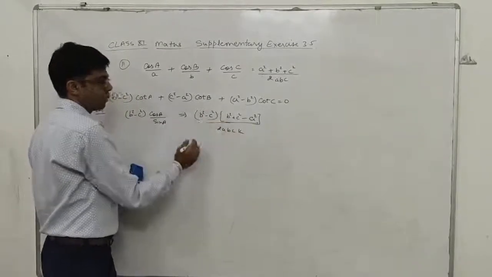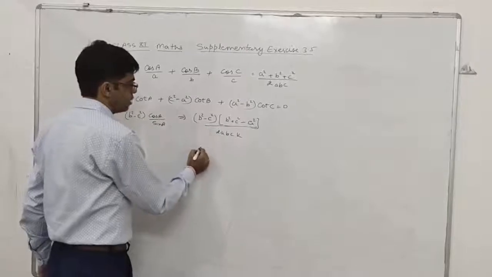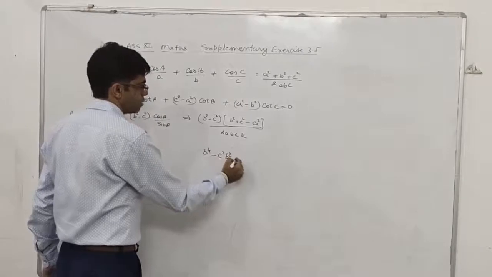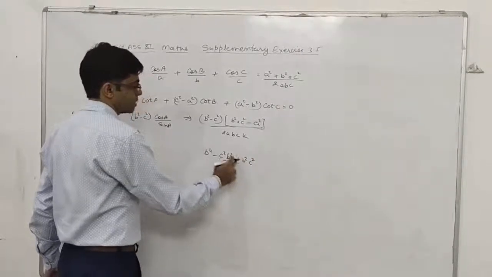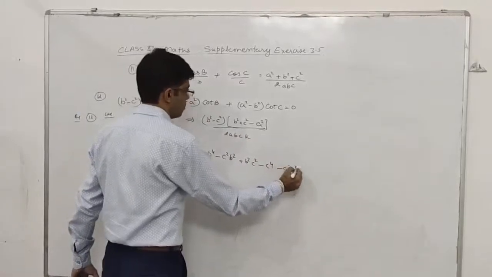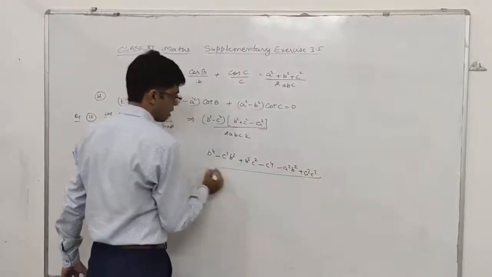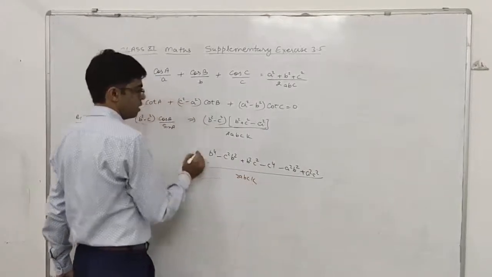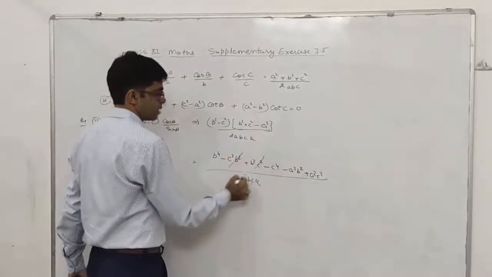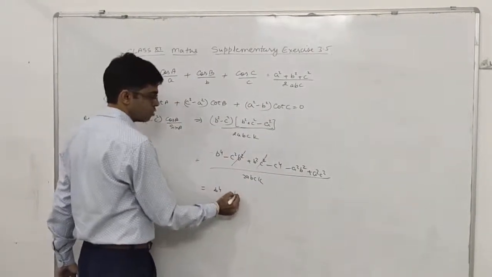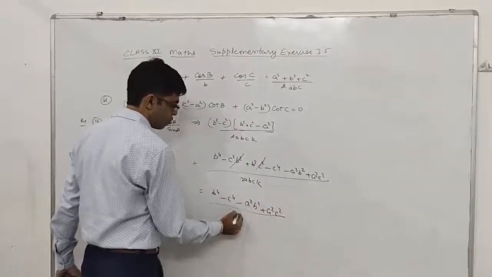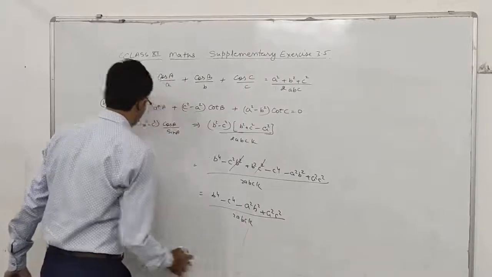Now b square multiplied by b square is b raised to the power 4 minus c square b square, plus b square c square minus a square b square plus a square c square, upon 2abck. Of the 6 terms, 1 2 3 4 5 6, c square b square cancel out, and this is b raised to power 4 minus c raised to power 4 minus a square b square plus a square c square upon 2abck.